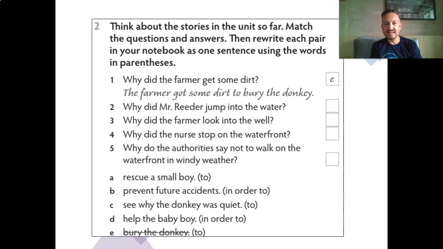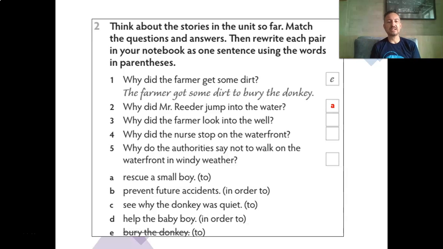Let's take a look at the example. Why did the farmer get some dirt? The story that we have just heard about the farmer. Letter A, to rescue a small boy. Yeah, so no, it's not this one. Why did the farmer get some dirt?